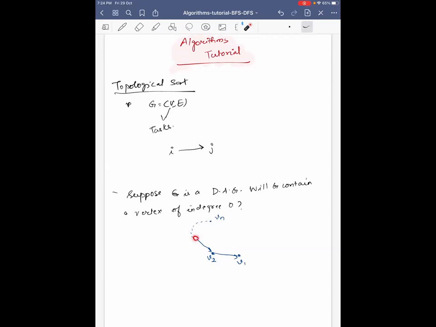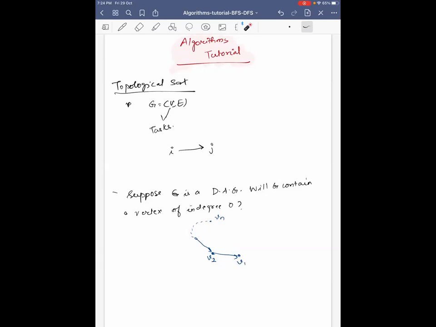So you move to the endpoint of that edge, and then you continue this process. Now, since the graph is finite, you cannot continue this process for an infinite number of steps. At some point, you will end up with a vertex, say Vn, with an edge directed into it, but it has to be from one of the nodes that you have already seen.